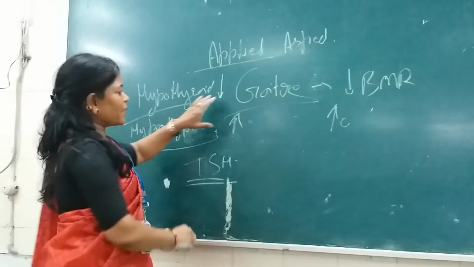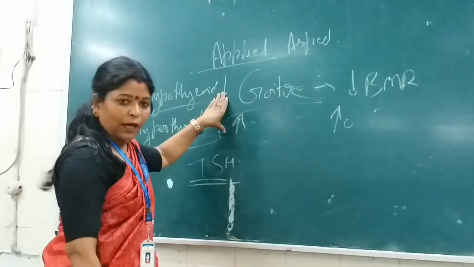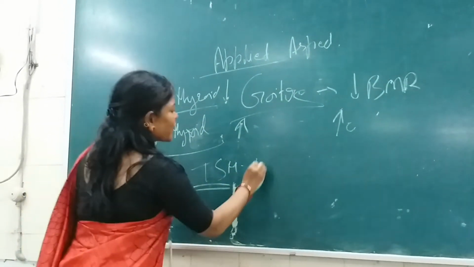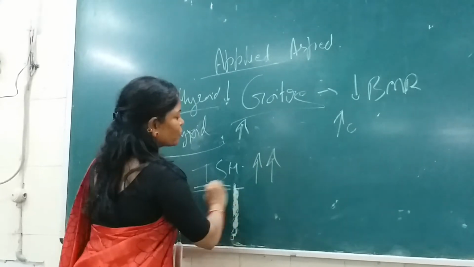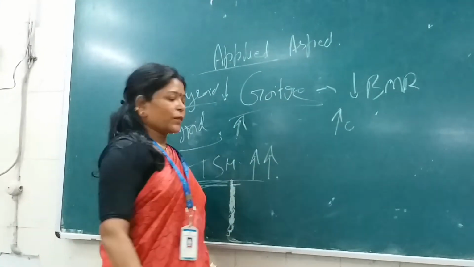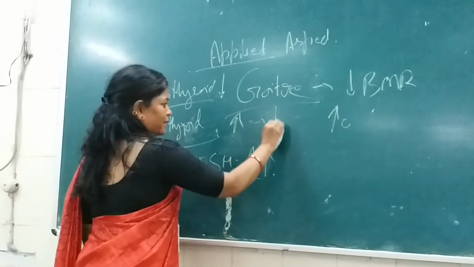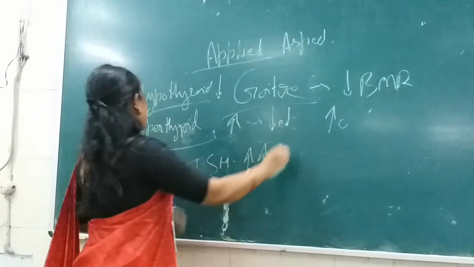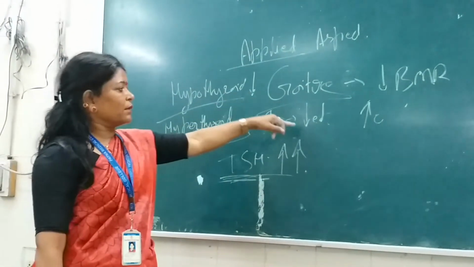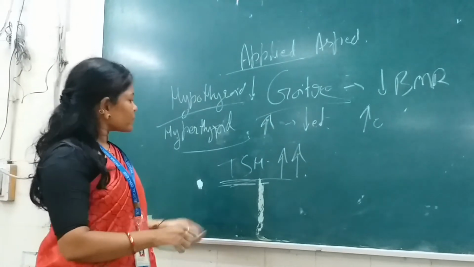Hypo. Once there is less formation of the hormone here, then TSH has to be increased to stimulate the thyroid function. And in hyper, because the hormone is increased in number, the TSH is decreased.